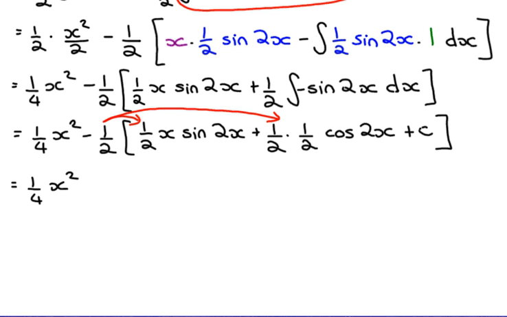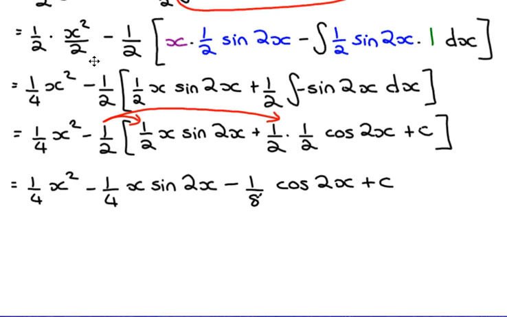So I'm going to get minus a quarter x sine 2x. Then I've got a negative and a positive, so negative a half times a half is an eighth cos 2x. And my constant of integration will always be c, so it doesn't get that negative half timesed in, because it's a constant regardless.